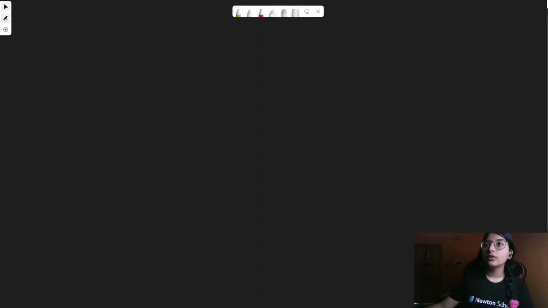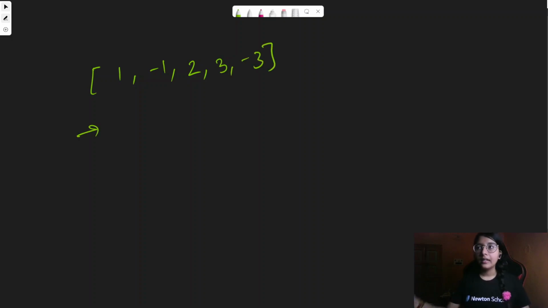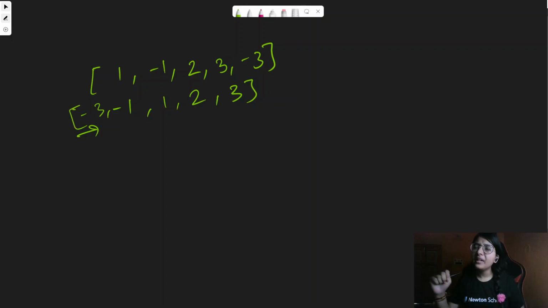Okay. So let us take the first example: 1, minus 1, 2, then 3, then minus 3. What we can do is sort this array, and after sorting, we can check with two pointers.